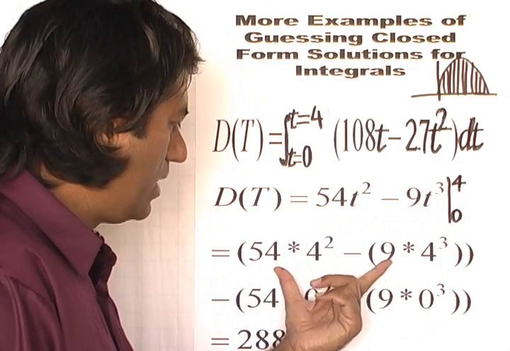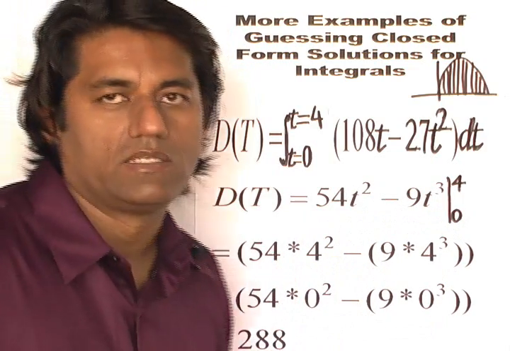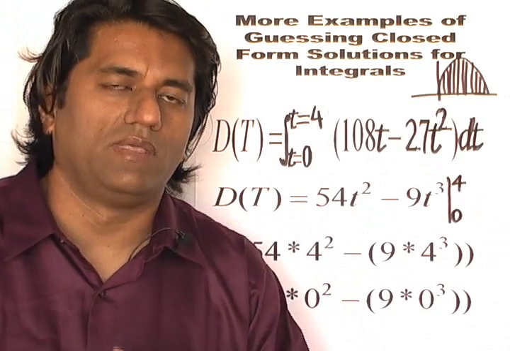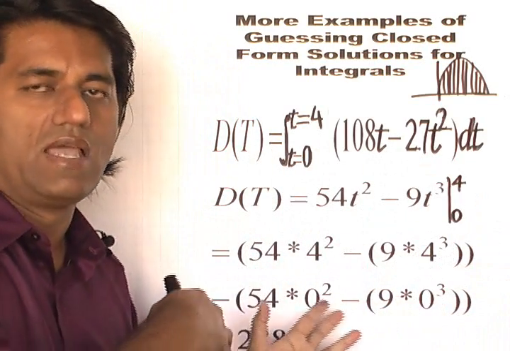So we just evaluate this, and it turns out to be 288. So the distance you traveled from Los Angeles to Vegas is 288.